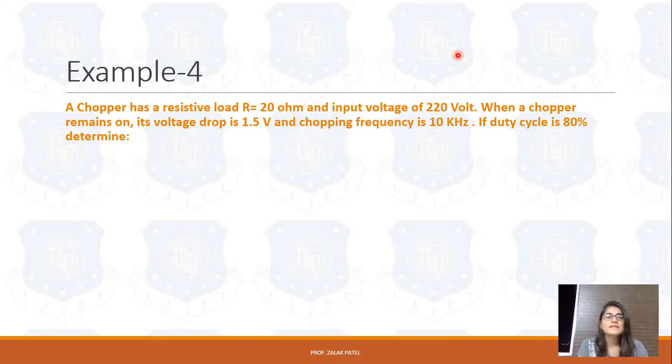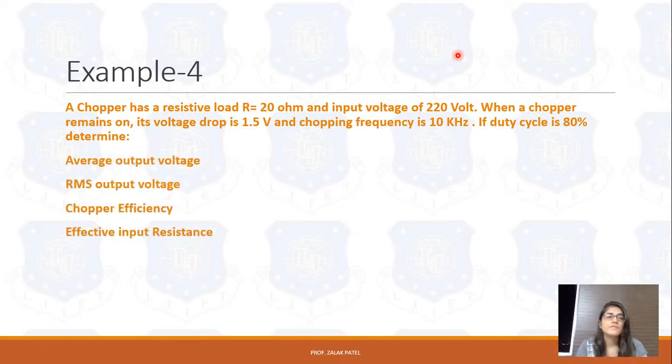If the duty cycle is 80%, then determine average output voltage, RMS output voltage, chopper efficiency and effective input resistance. So let's start with the solution. Here resistance is given, frequency is given, voltage drop VCH is also given, and duty cycle is 80%.